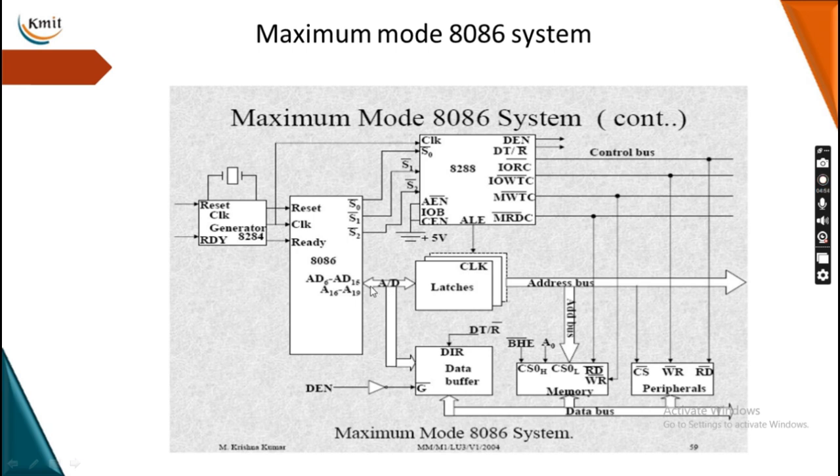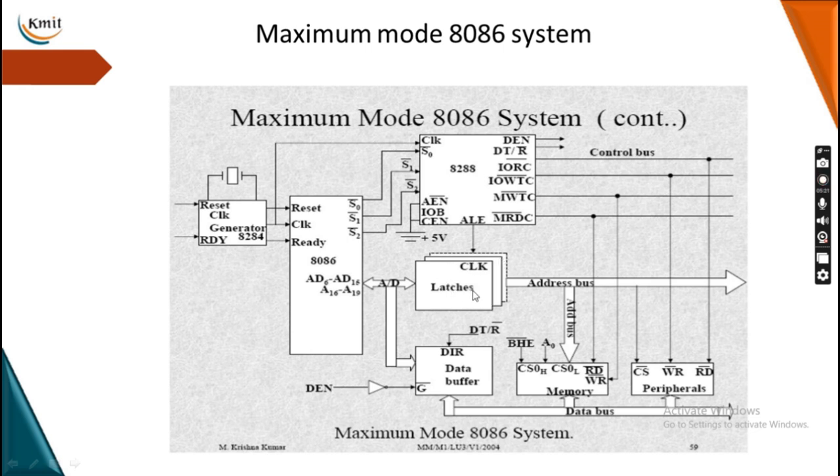As the 8086 processor has a 20-bit address bus, when ALE is enabled, it will enable the latch to store the address bus. This latch is an 8-bit latch, so in order to store a 20-bit address, we will require maximum 3 latches.